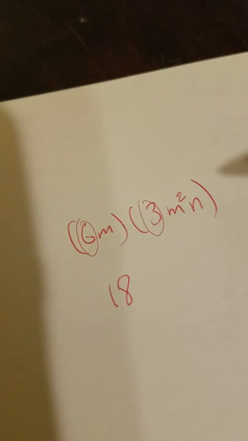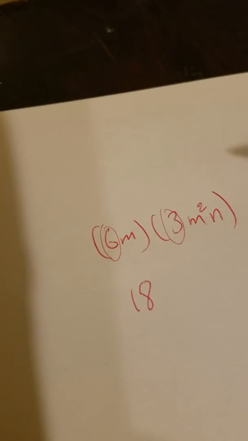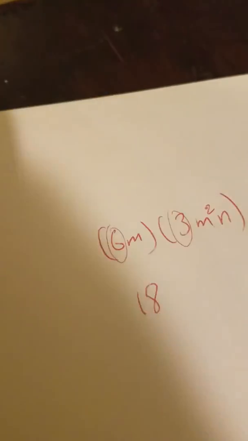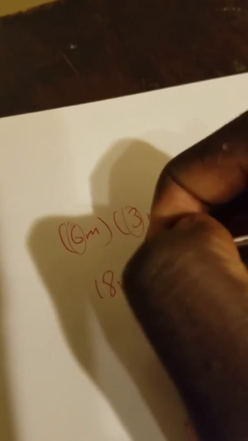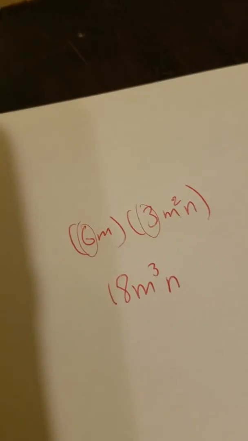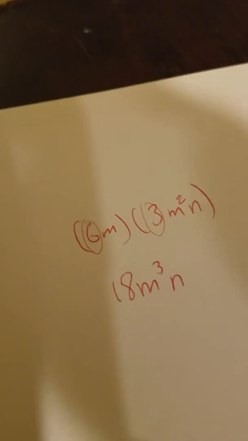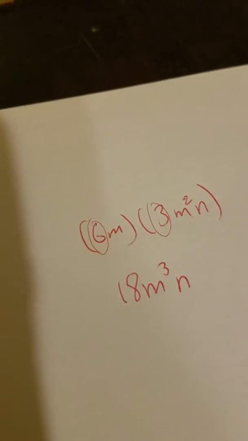So the 6 times 3, that goes together. 6 times 3 is 18. Now I have m times m squared. When I multiply with exponents with the same base, always remember, same base, you add the exponents. So 1 plus 2 is 3, so m to the power of 3. Now n is by itself, so we just leave it as it is. If we don't have anything else to match it with, that variable remains the same.